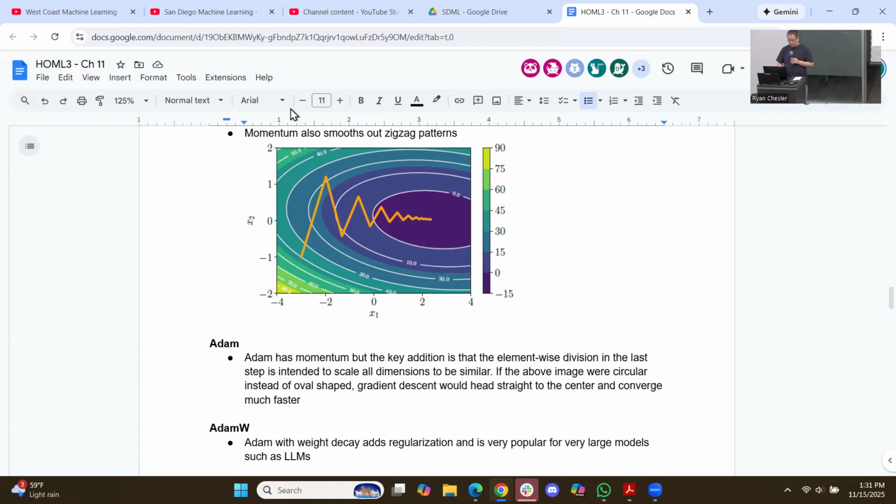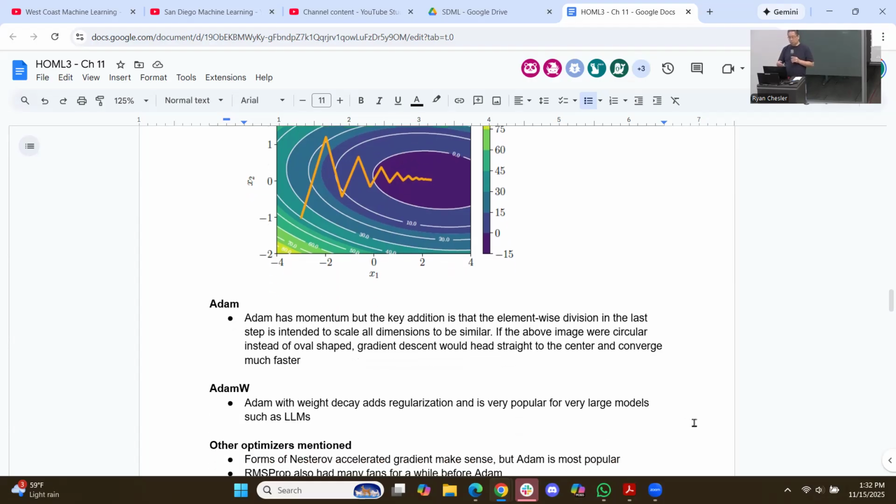And then the y-axis, the vertical axis, would shrink less. And it would turn this oval into a circle. And the nice thing about a circle is that all the gradients point exactly to the center of the circle. Whereas on an oval, you can see at any point, the gradient doesn't point exactly at the center. So when you're pointed directly at the center, it converges a lot faster. So that's the thing that Adam does beyond just simple momentum.